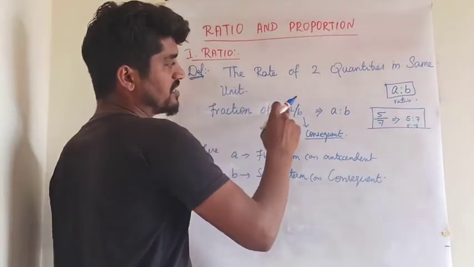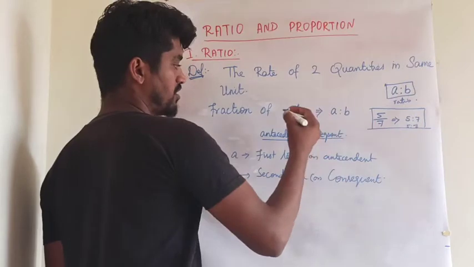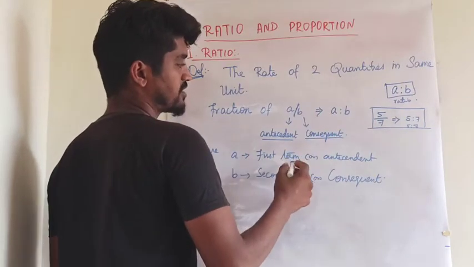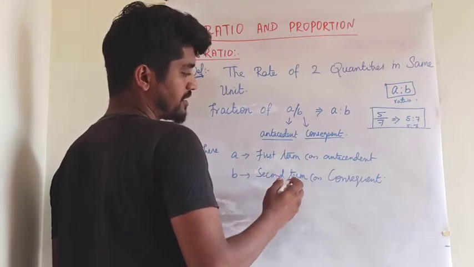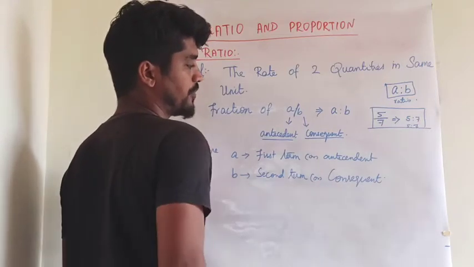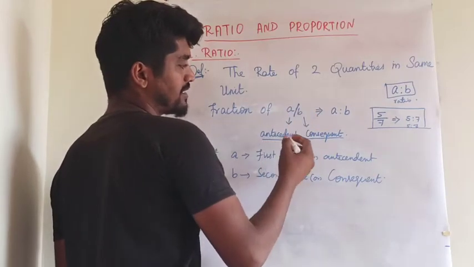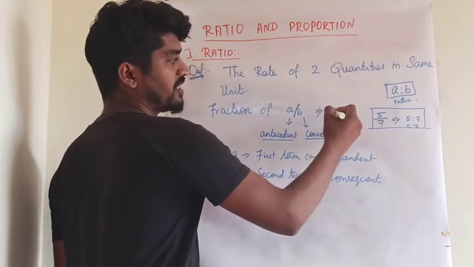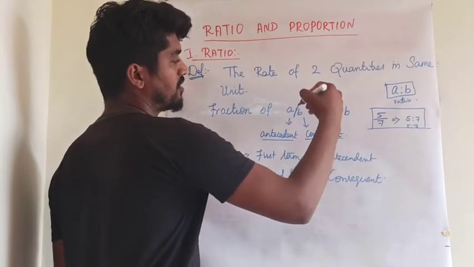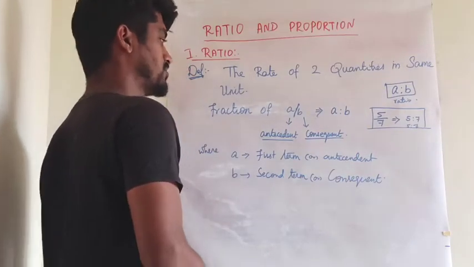From the fraction A by B, it can be written as A is to B, where A is the first term or antecedent, and B is the second term or consequent. The numerator is called the antecedent and the denominator is called the consequent. The numerator comes on the left side and the denominator comes on the right side of the ratio symbol.